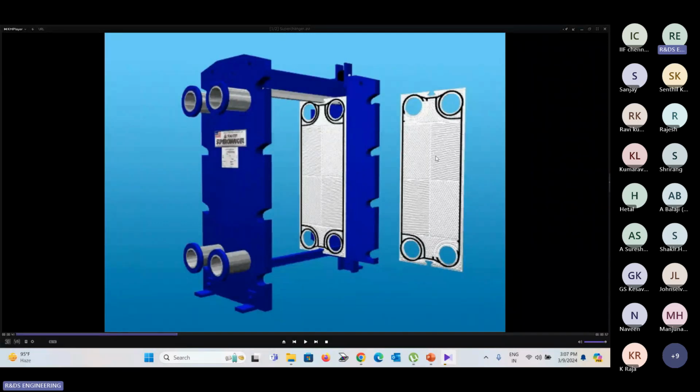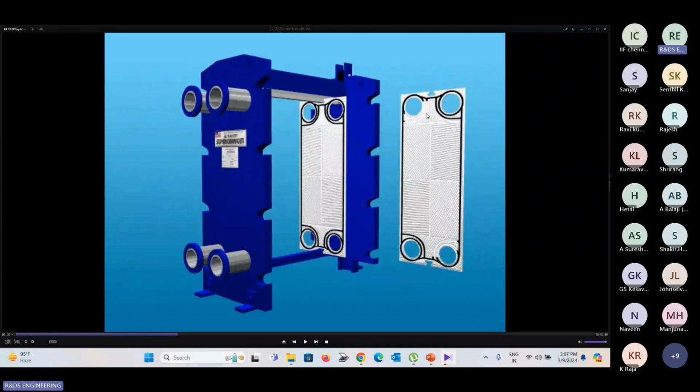And you can see the second plate. The second plate is also the same corrugated plate. The only difference is in the first plate, all the ports are lined with the black line. This is a barrier, whereas in the second plate, only two ports are covered. The opposite two ports have no barrier.